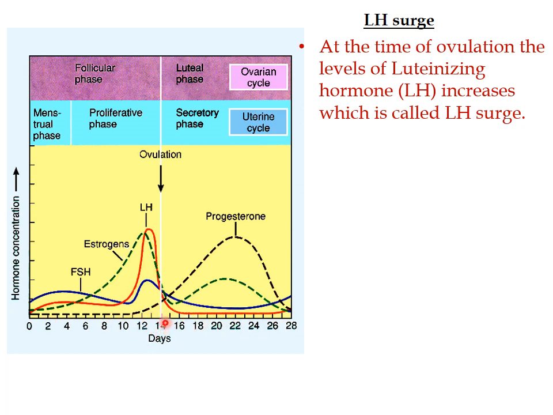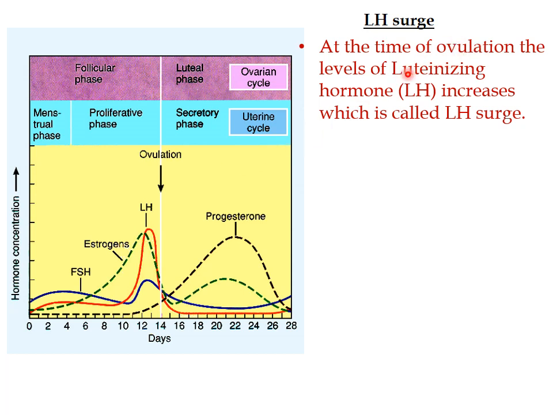Just before ovulation, these are the basal levels of the hormone. You can see the LH level spike up just a few hours before ovulation, and this is called the LH surge.